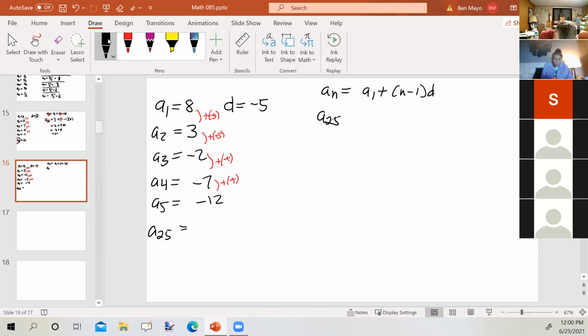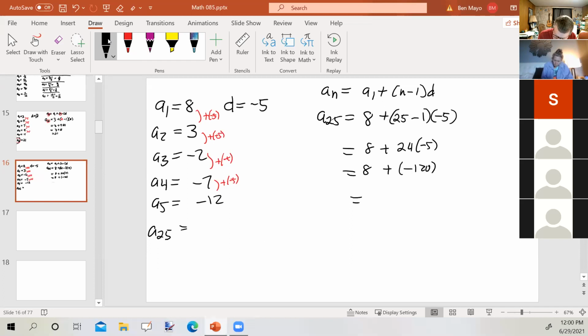So a sub 25 is a sub 1. What's a sub 1 in this problem? 8, plus n minus 1. What's n for this particular example? 25. And what's d? -5. So this is 8 plus 24 times -5, which is 8 plus -120, which is -112, I believe.